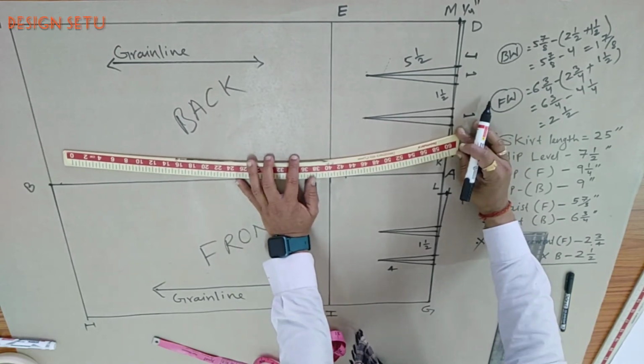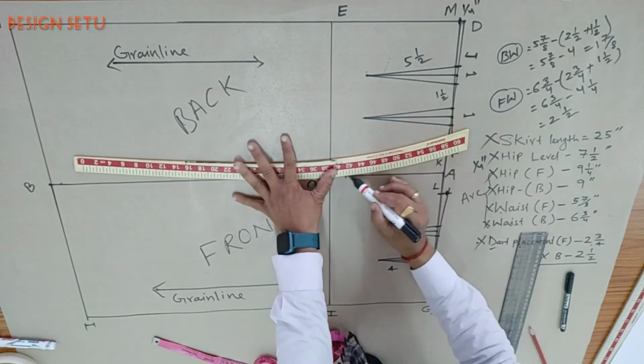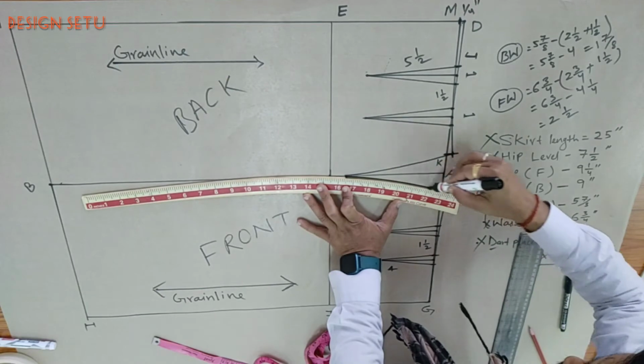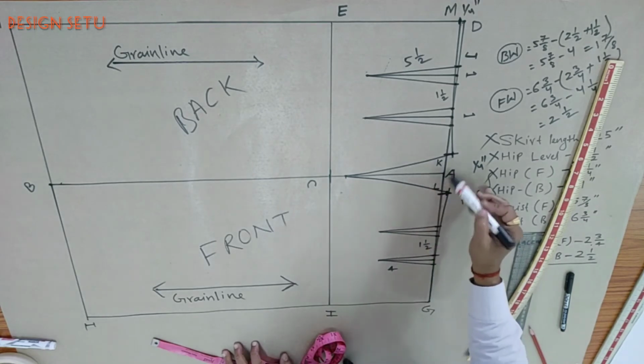When you are placing your hip curve, make sure it has 1.5 inches straight at points D and G. Also join from C to K and C to L.